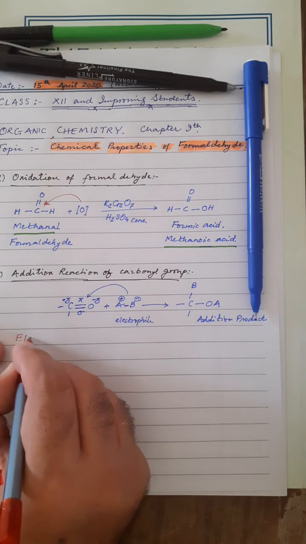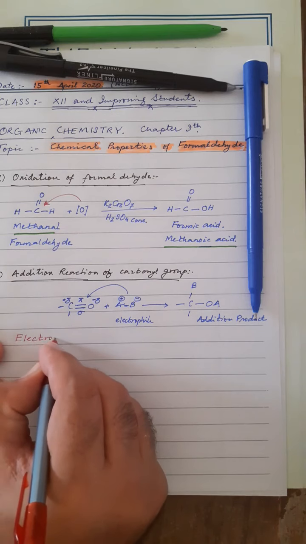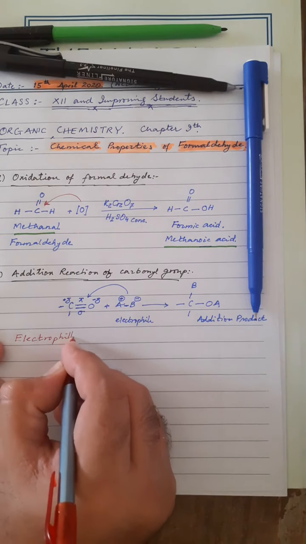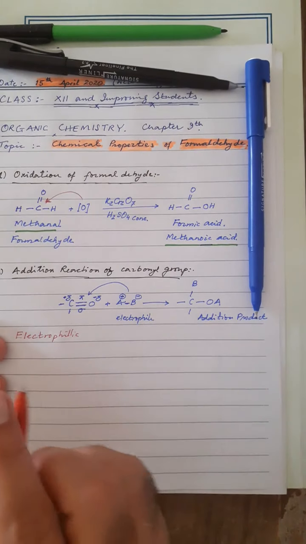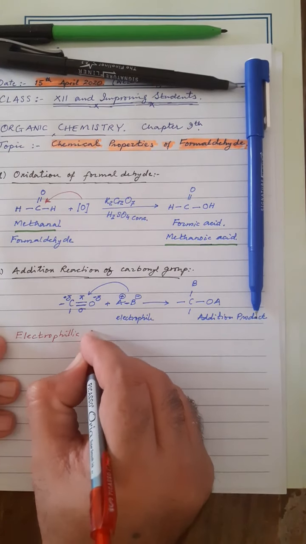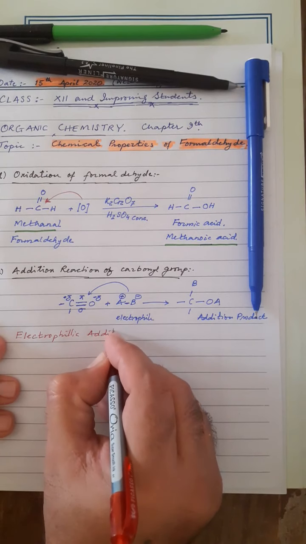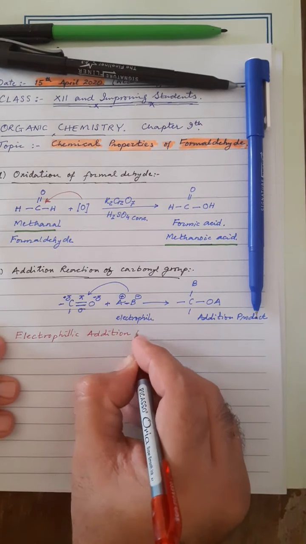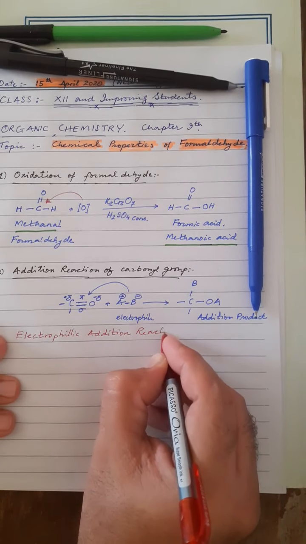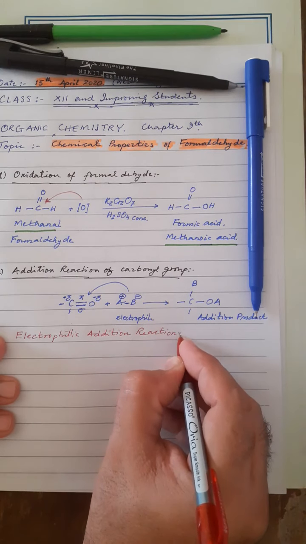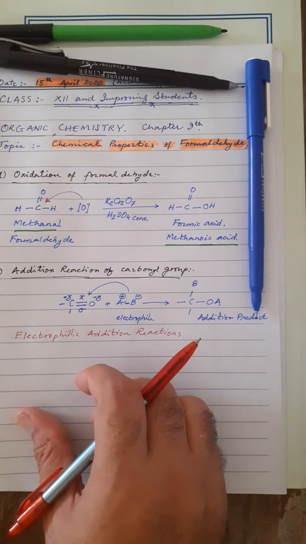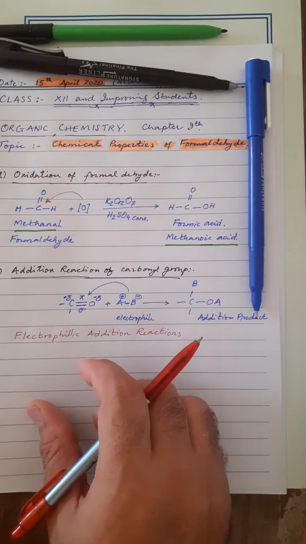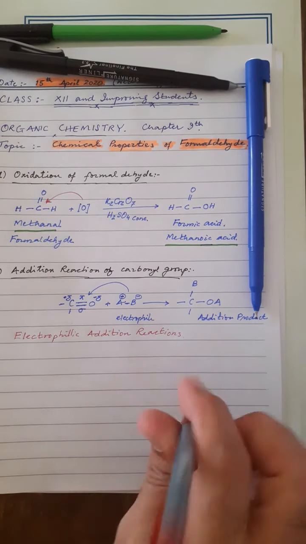Electrophiles are those species which seek electrons. So when an addition reaction takes place with the help of an electrophile, it's called an electrophilic addition reaction. The basics of these reactions we already learned in the 7th chapter while I was teaching you the chemical reactivity of the alkenes.